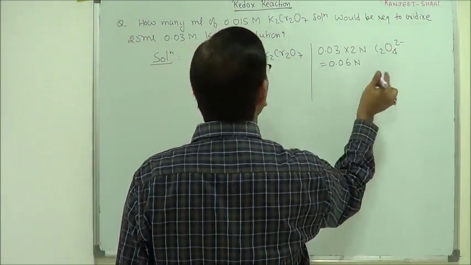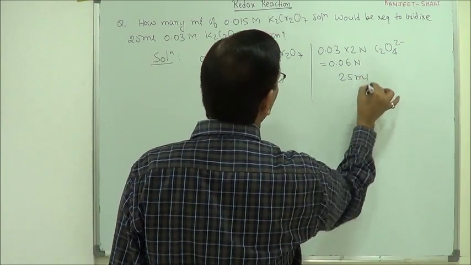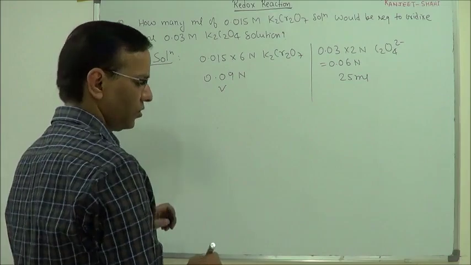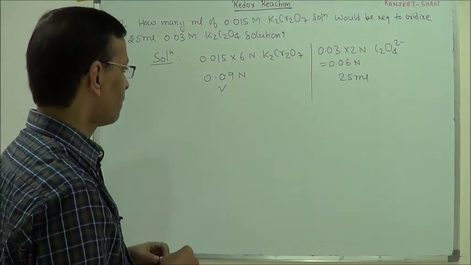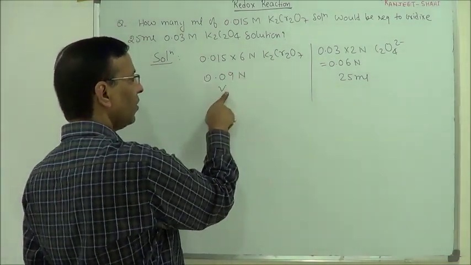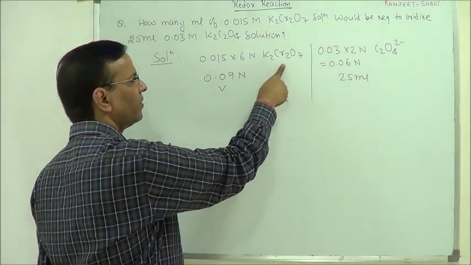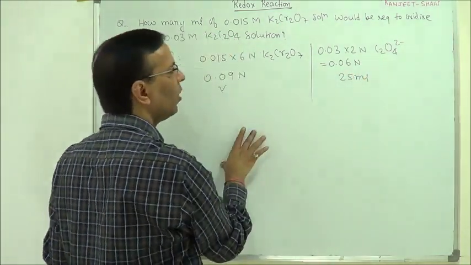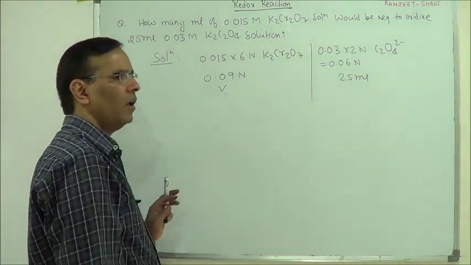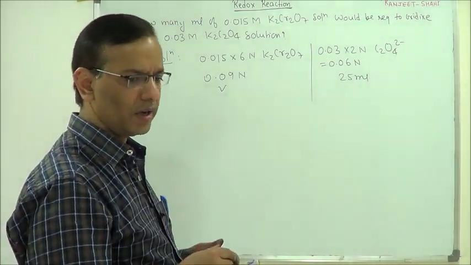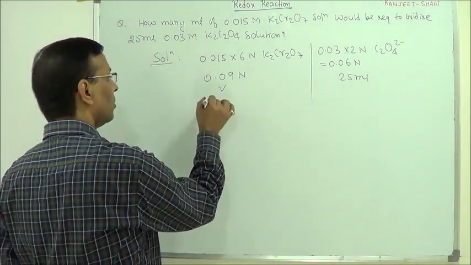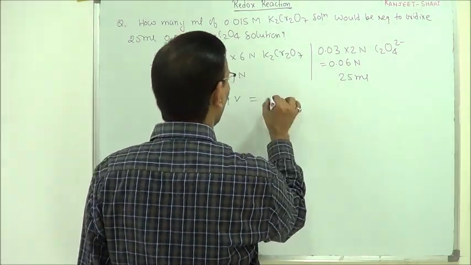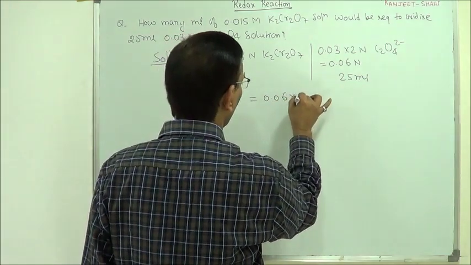Volume of oxalate given is 25 ml. Volume of dichromate is asked. Normality multiplied by volume will give milliequivalent of potassium dichromate, and normality multiplied by volume will give milliequivalent of oxalate, and they must be equal in order to complete the redox reaction. So 0.09 into V will be equal to 0.06 into 25.